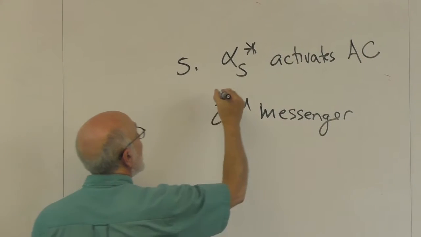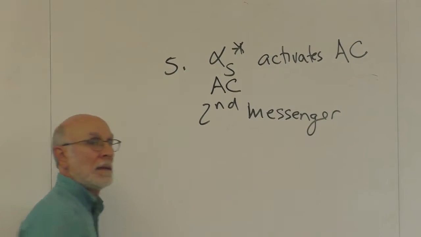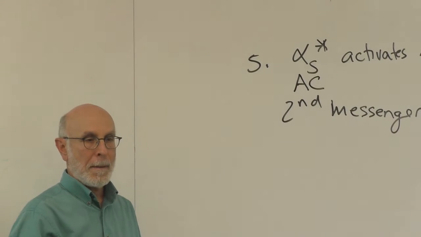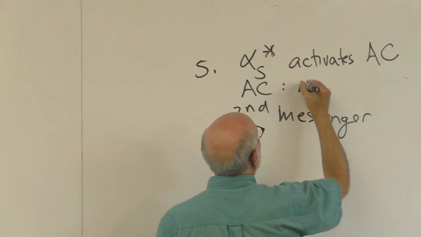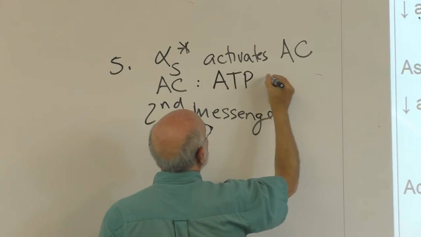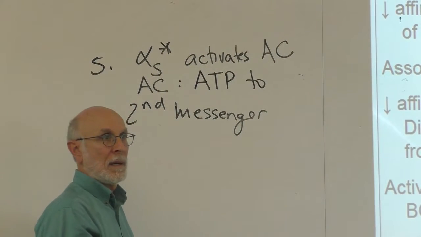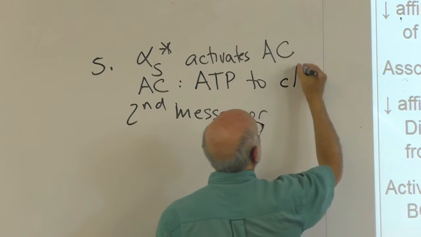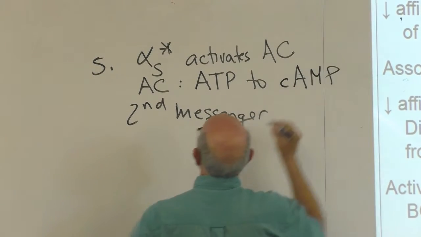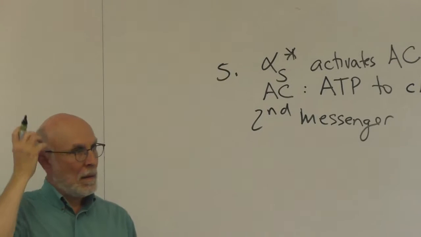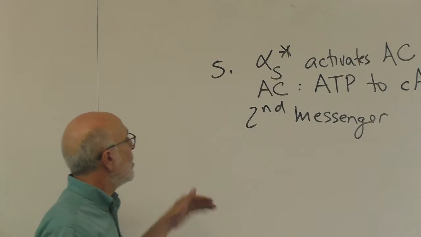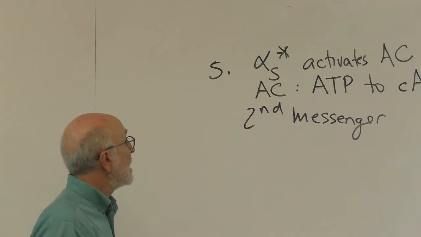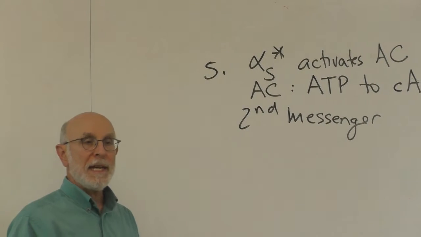Adenylyl cyclase, what does it do? Adenylyl cyclase catalyzes the conversion of ATP to cyclic AMP. This is a second messenger. In the canonical pathway, that cyclic AMP does what?